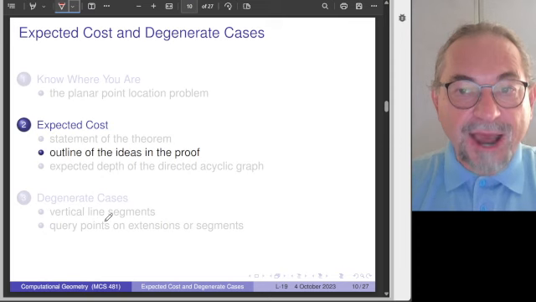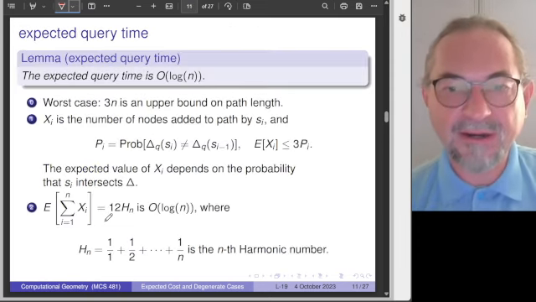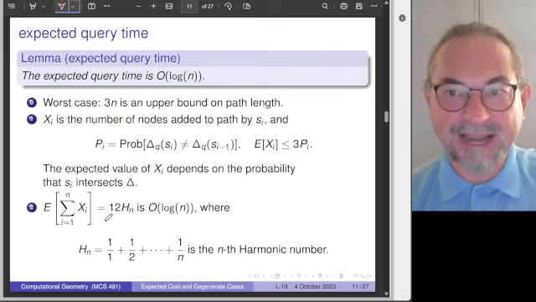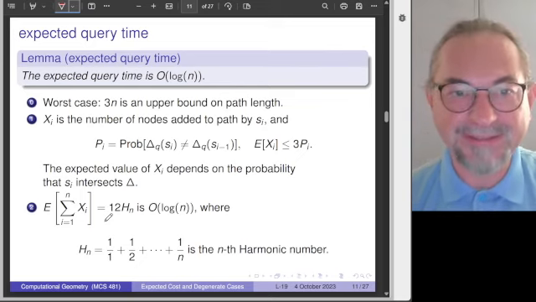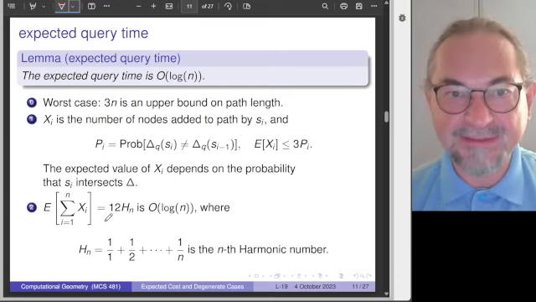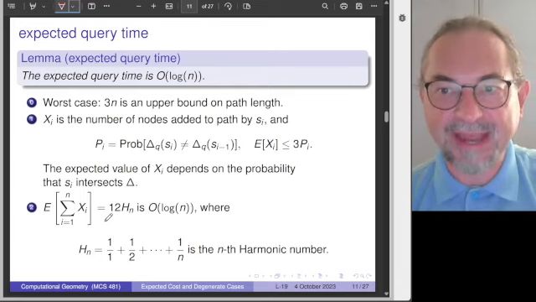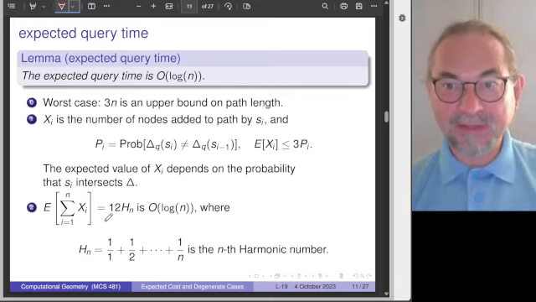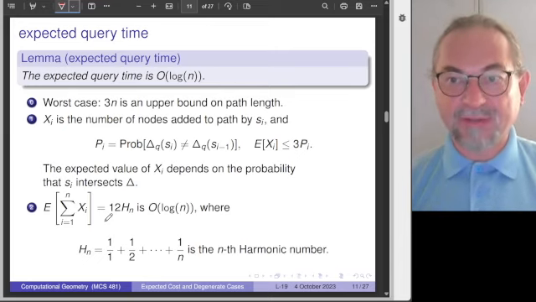Okay, outline of the ideas in the proof. Here is the top-down reasoning. First of all, point 0: why is it important to have the expected here? There is the expected running time, and this is on average, and expected is not a bad word here.